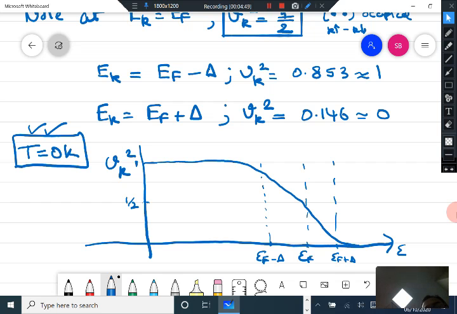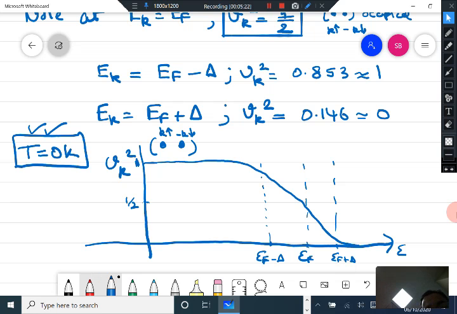At 0 temperature, this is the probability that the k up, minus k down state is occupied. It is 1 far away from the Fermi energy, which is expected, and very far from the Fermi energy, this will approach 1. But as you come within plus minus delta of the Fermi energy, this occupancy starts decreasing with respect to 1.